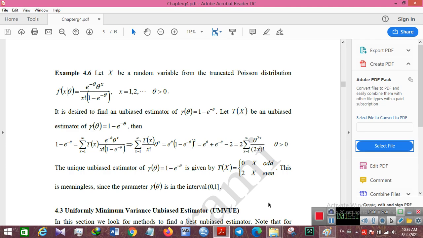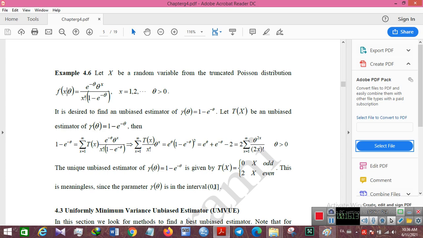So this is meaningless, because 1 minus e to the power minus theta is a number between 0 and 1, but the unbiased estimator says 0 and 2, which is not in this interval.